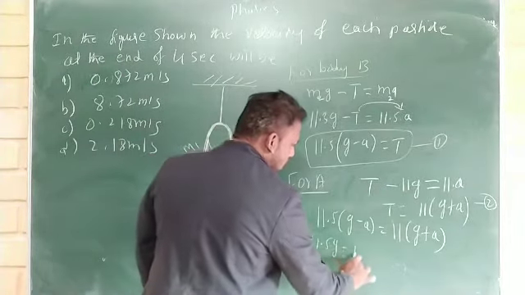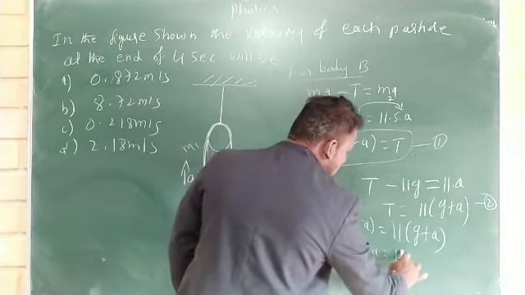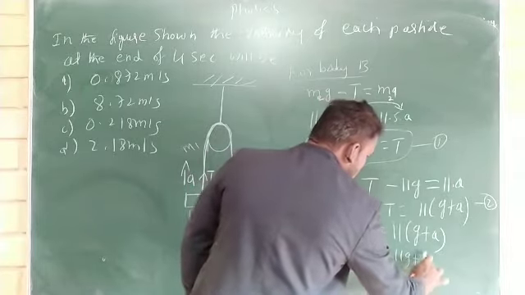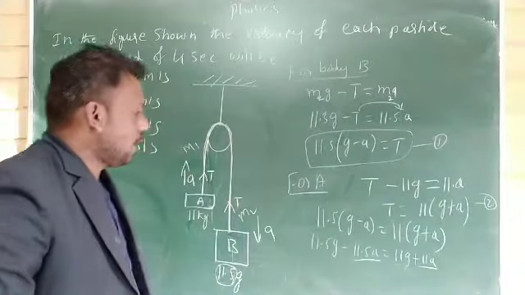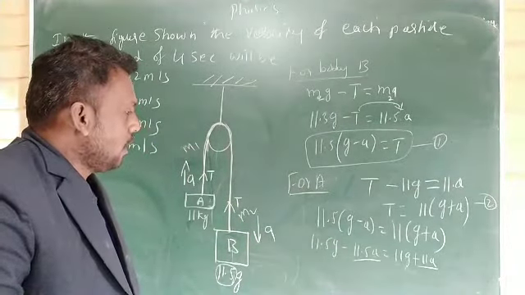11.5g minus 11.5a is equal to 11g plus 11a. Here group the acceleration terms on one side and the acceleration due to gravity on the other side.